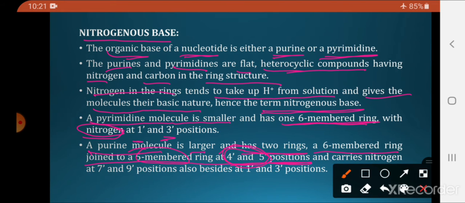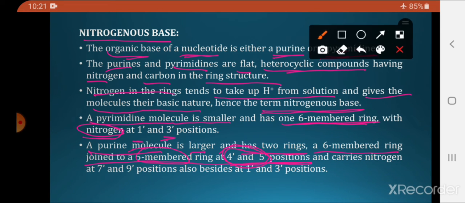So एक 6-membered ring है and एक कौन सी membered ring है? 5-membered. बोथ दिस रिंग्स आर जॉइंट. सो उनका जॉइनिंग पोजीशन कौन सा है? 6 मेंबर की जो 4th and 5th पोजीशन है वहाँ पे 5 मेंबर्ड रिंग जॉइन हो जाएगी.